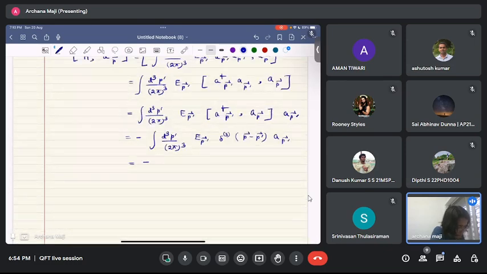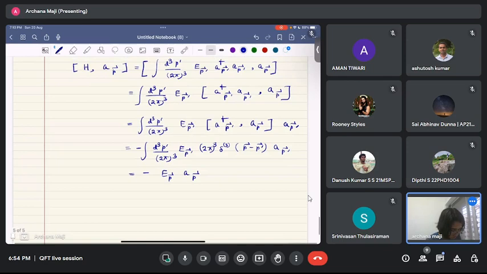Then this is equal to, sorry, there is a 2 pi cubed as well coming from that commutator. So this is E_p, 2 pi cubed gets cancelled out. E_p.